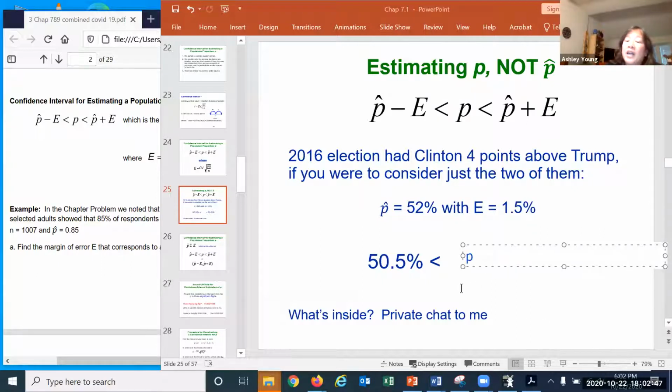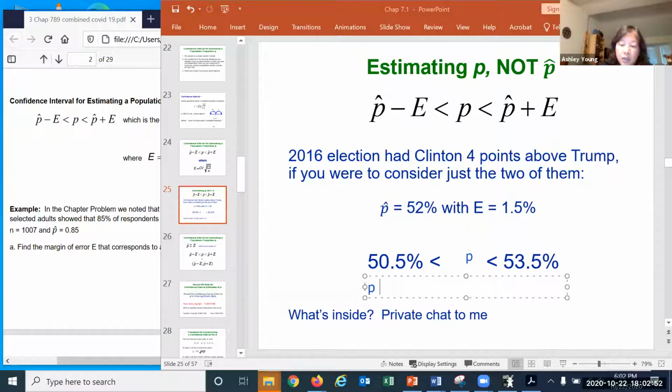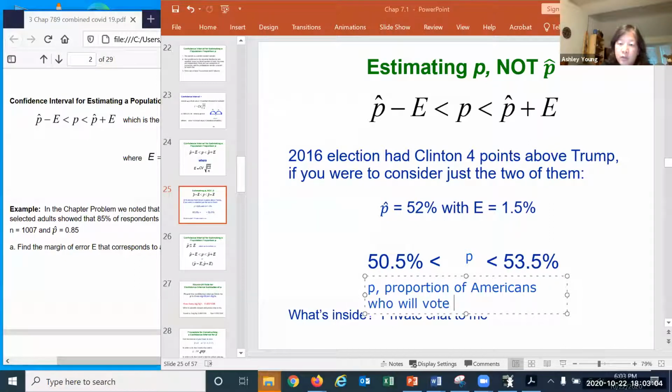P, the proportion of Americans who will vote for Clinton. That's what they were trying to estimate. They're saying that the proportion of Americans who will vote for Clinton is between 50.5% and 53.5%. Were they accurate?